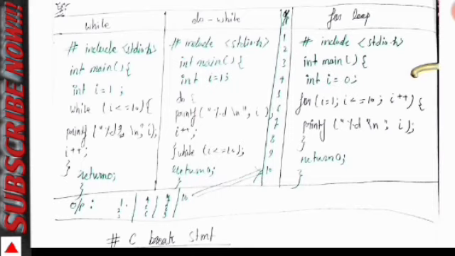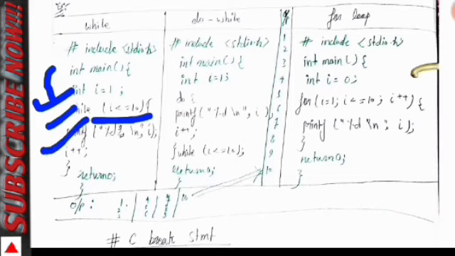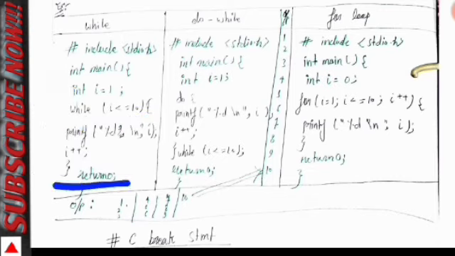Here using of #include <stdio.h>, int main, int i is equal to 1. Here initialization of the variable i is firstly before giving the condition, and using the while keyword we give the condition here and print the statement, and after we increment inside the curly braces and return 0.